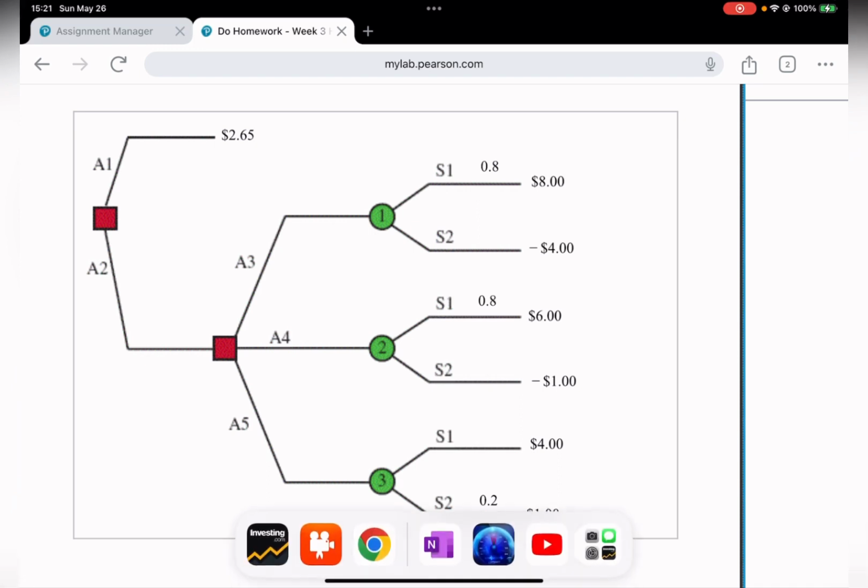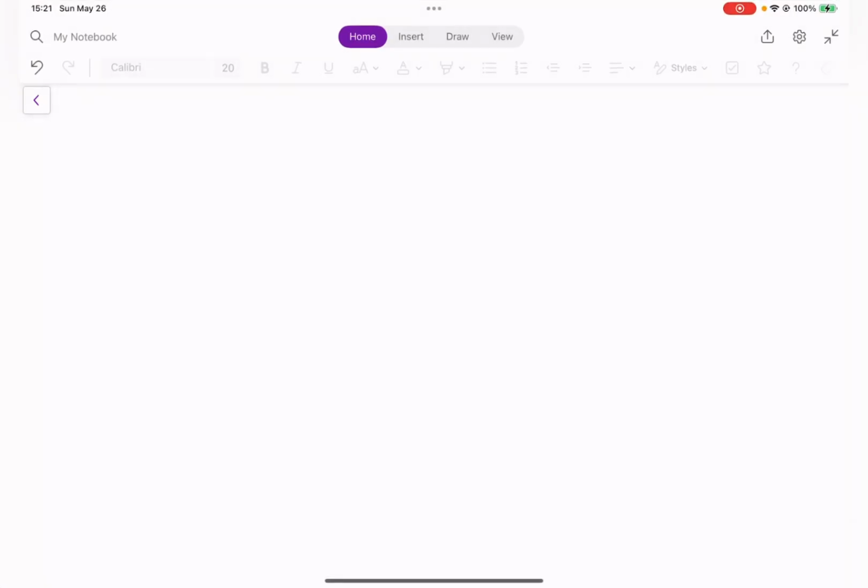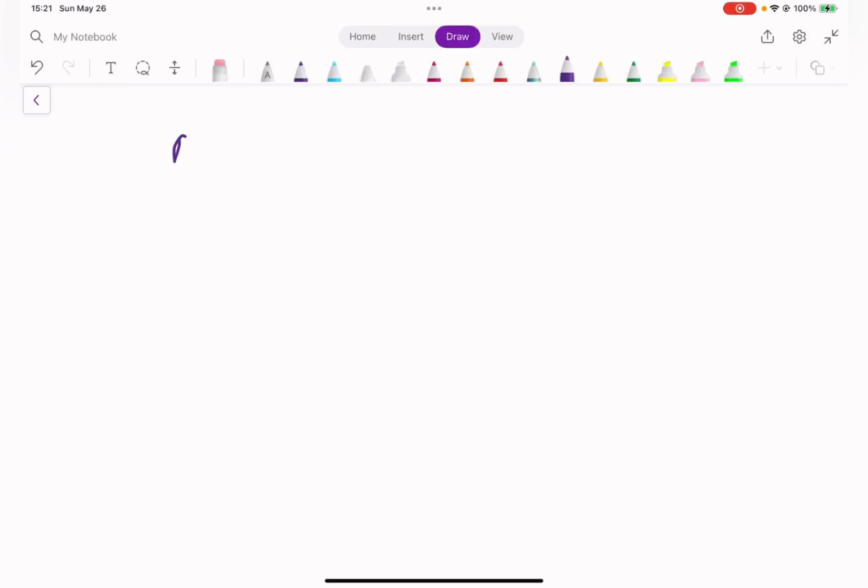Okay, so this is what I'm going to do. I'm going to find the probability for A3 and S2. It's going to be 1 minus 0.8, which is equal to 0.2.